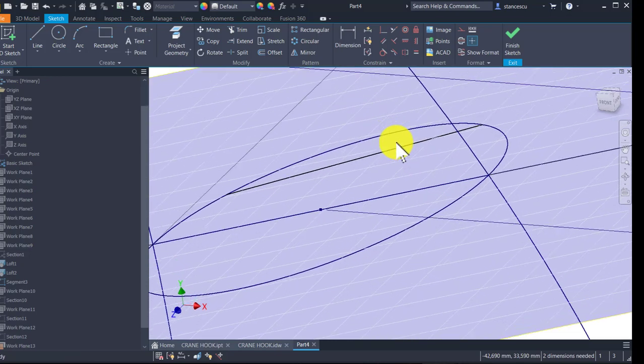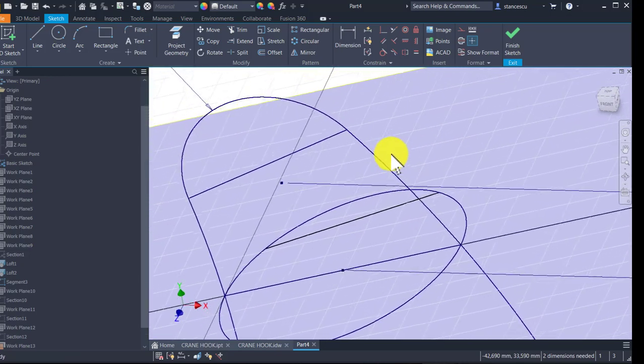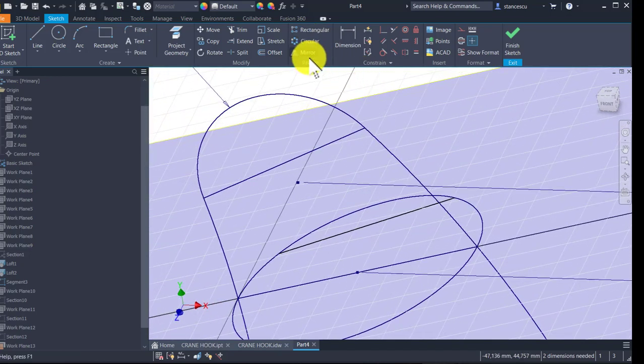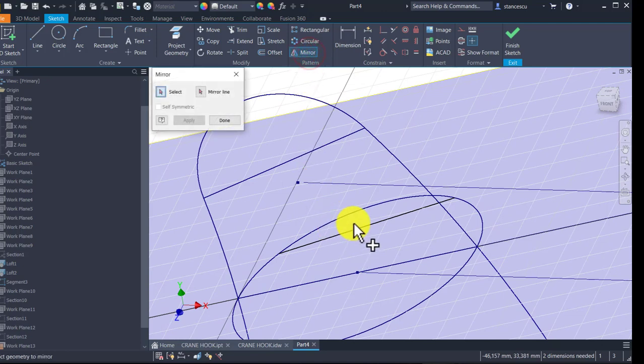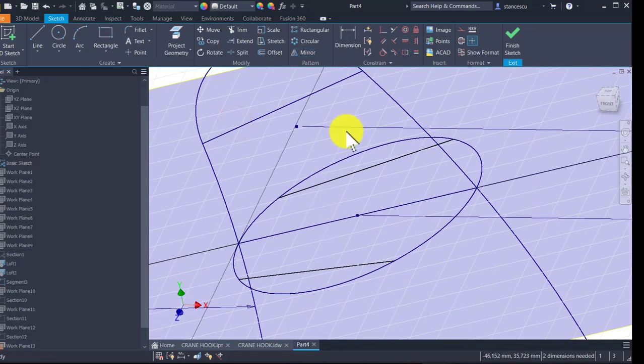Mirror this line about the diameter. Apply. Done. Select, not split, 2 points, 1 point, 1 point.